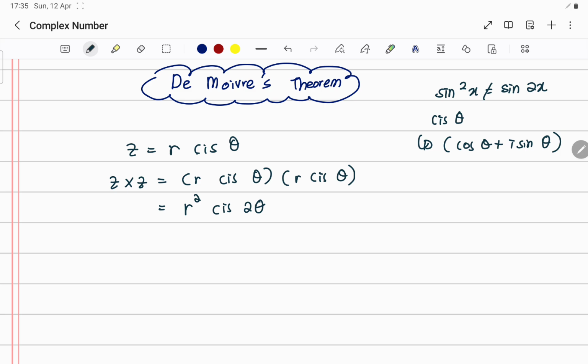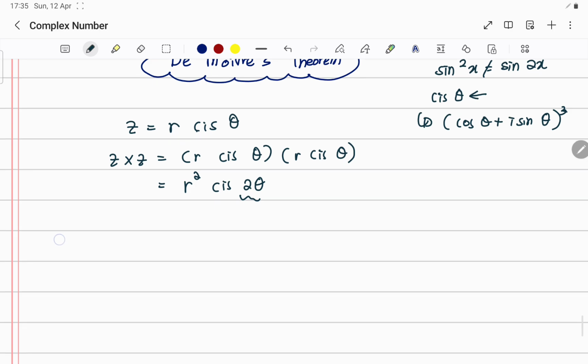So when we have theta here, it will do one full rotation. If I have a square, they will do 2 full rotations. If I have a cube, they will do 3 full rotations. So when we combine them into cis form, you can multiply it with 2 theta, 3 theta, 4 theta based on the number of rotations.